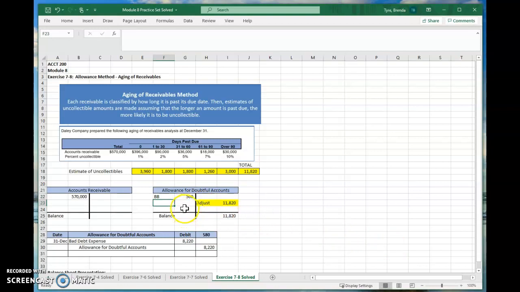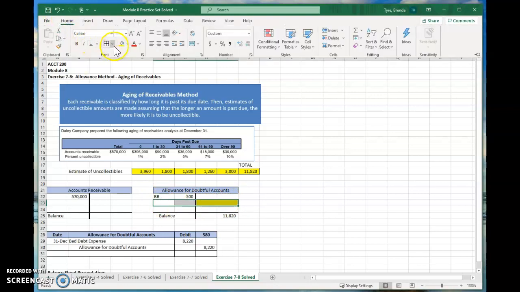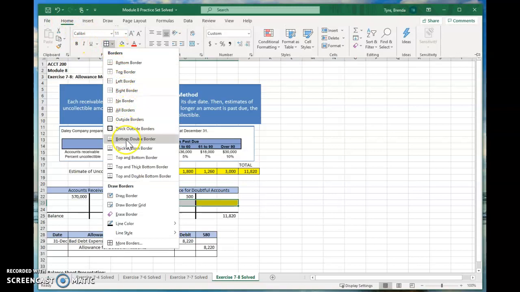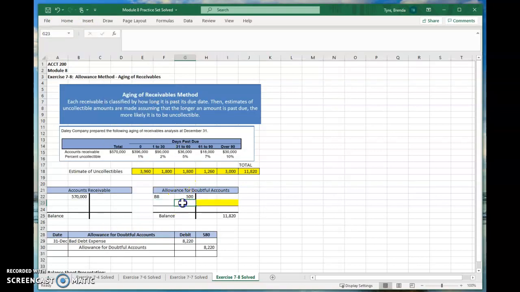So let's take this out for the moment and bring in a line here. I would have a balance of 500 and nothing there, and I need to get to 11,820, right? So I know that should be a credit balance.